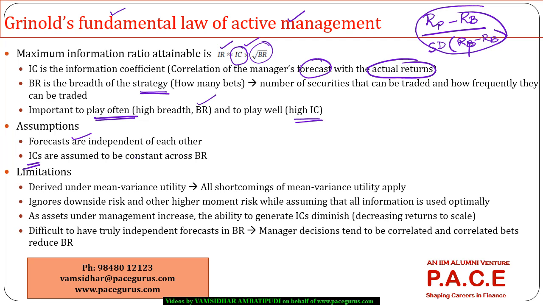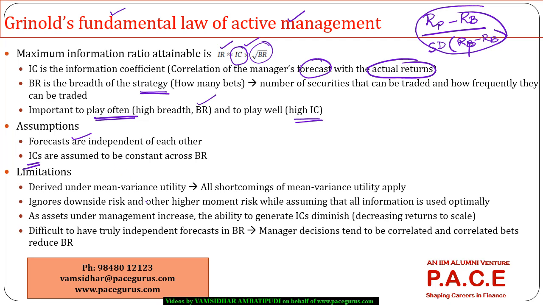So even if we are talking about one single security for one single period versus n securities for n periods, it assumes that the information coefficient of that particular manager is constant, which is far away from reality.